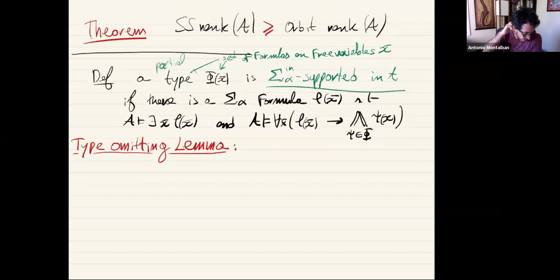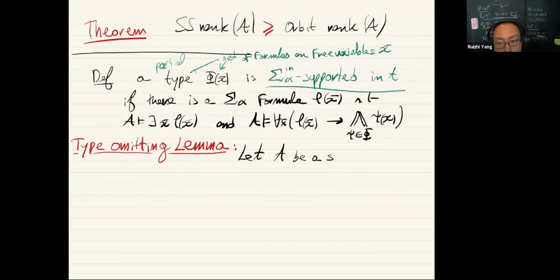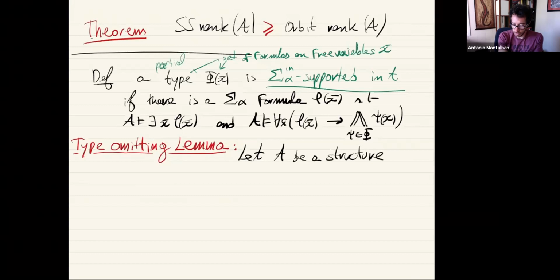Okay, so what does the lemma say? So let A be a structure. Oh, we have a question in the chat box. Oh yes, Sulin, yes, thank you. These formulas, in this case, we're talking about infinitary formulas, so L omega 1 omega.